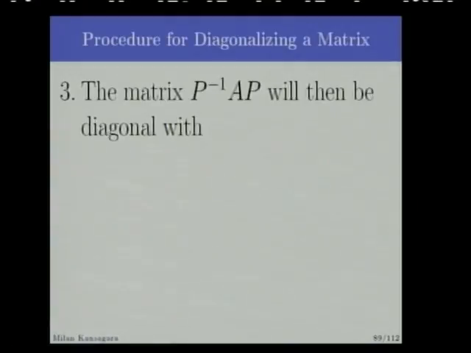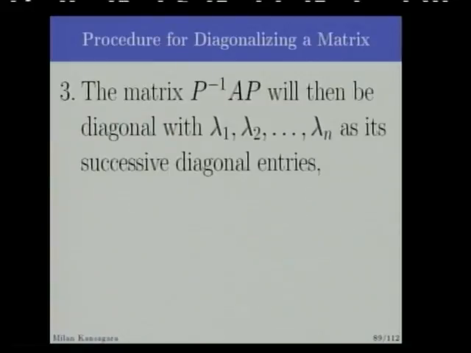Find its inverse, and multiply that inverse and P on either side of A. Then we will get a diagonal matrix, and the diagonal entries will be lambda 1 up to lambda n, the eigenvalues of A. So let us see one example.